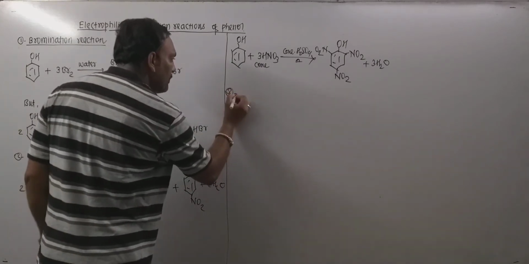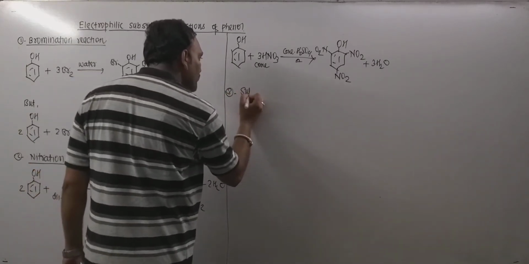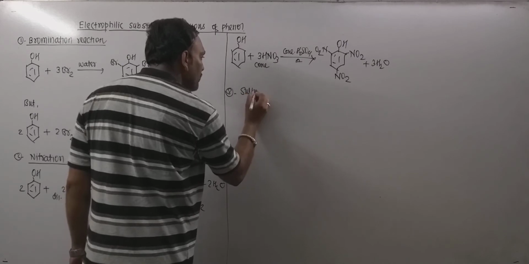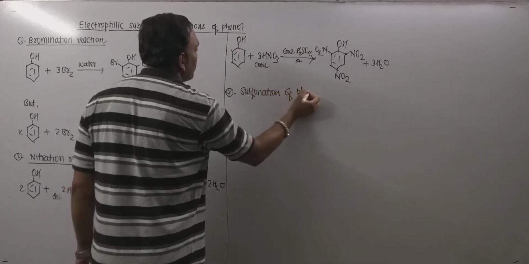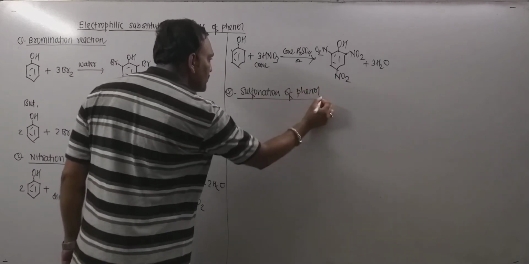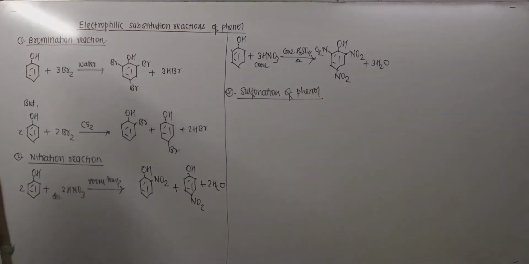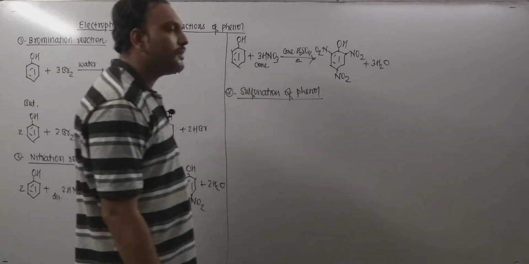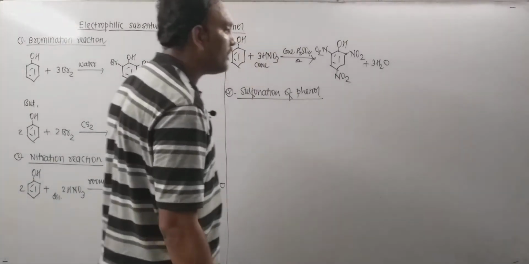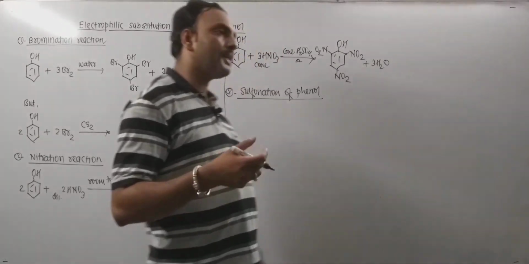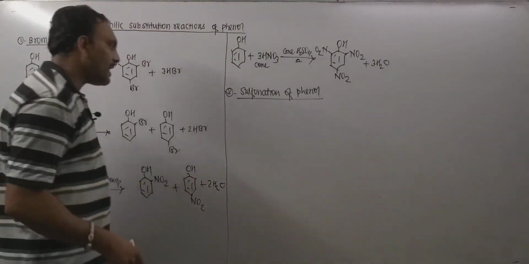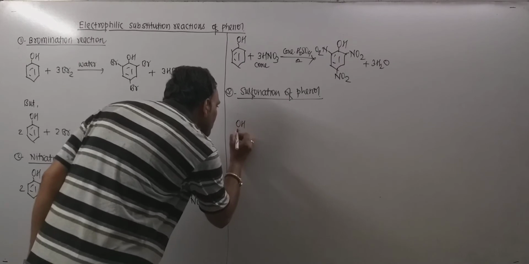Now the third very important electrophilic substitution reaction is sulfonation of phenol. Now sulfonation is the reaction with concentrated sulfuric acid, and remember this is the reaction of phenol with concentrated H2SO4, and temperature has greater influence over this reaction.